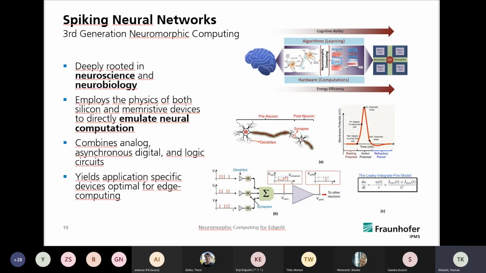And so it combines analog and also asynchronous digital and logic circuits to really create a system that follows very closely brain computation. So it yields basically a very specific device, which is quite optimal for edge computing.